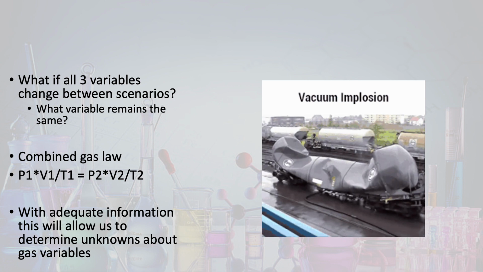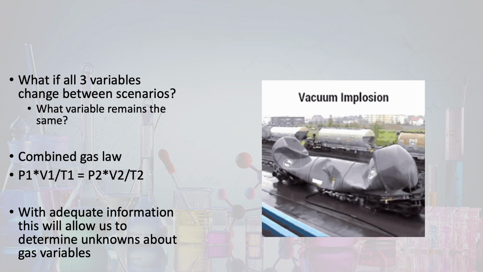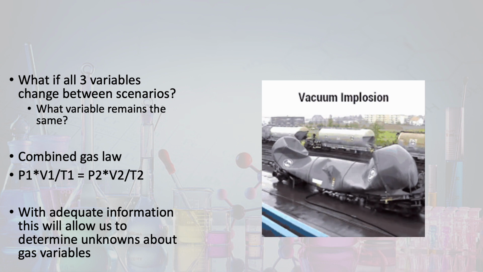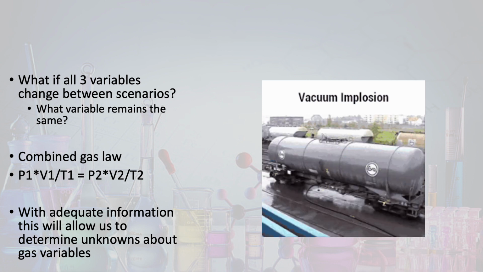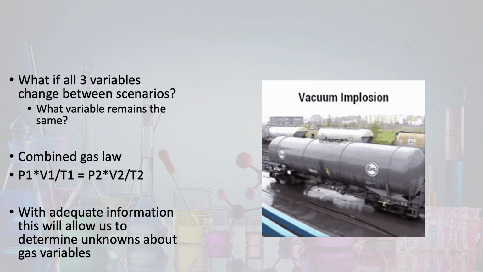You could be given the second set of volume and temperature and asked to determine the pressure. The important thing here is that with adequate information, using the combined gas law will allow us to determine unknowns about one of these gas variables.